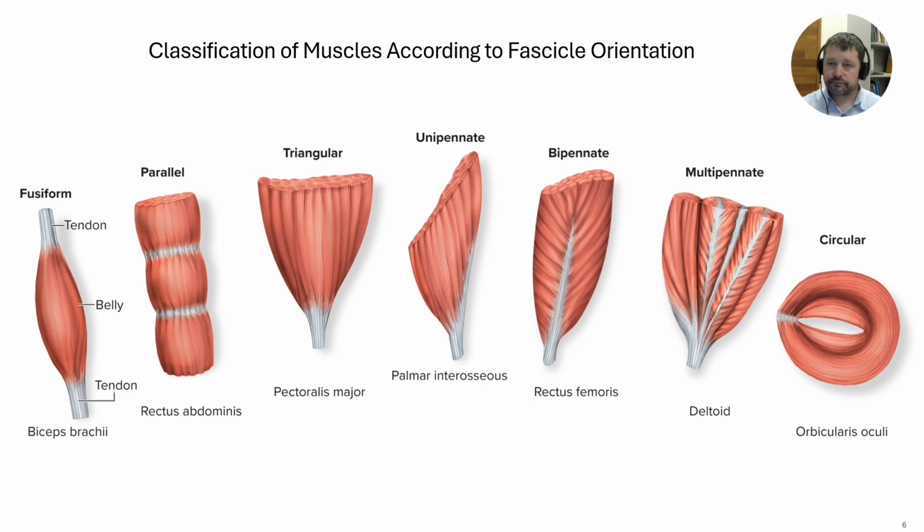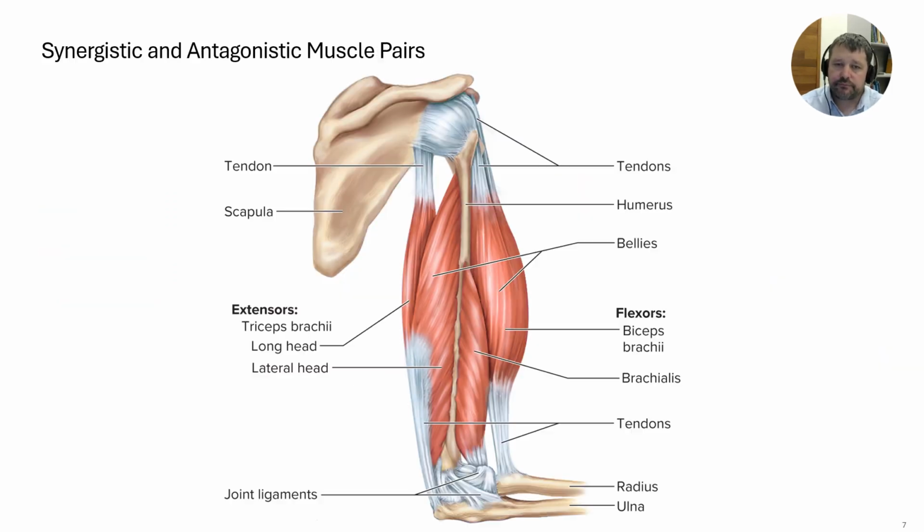So depending on the region and the function, you can have these different types of muscles, and sometimes their name is directly related to the shape, and other times they're related to the bone that they might be attached to or the region that they occur in. And so that's kind of how we can classify muscles.